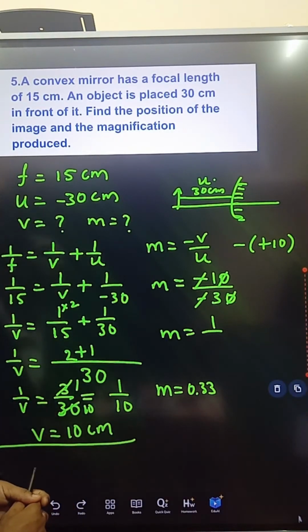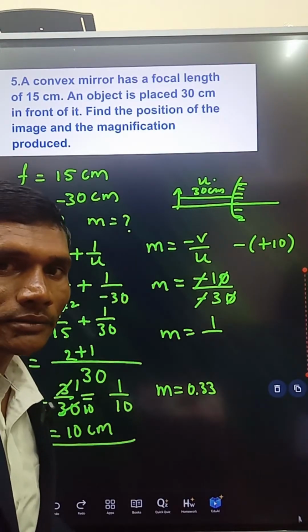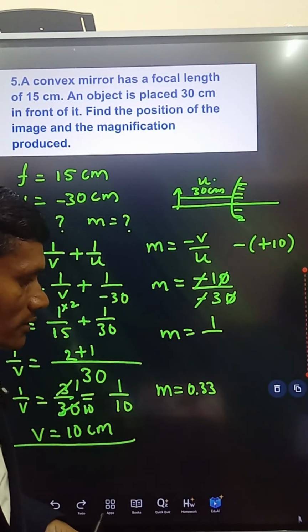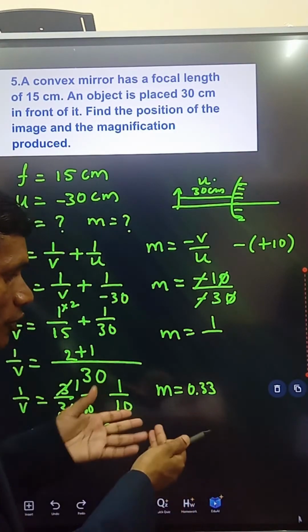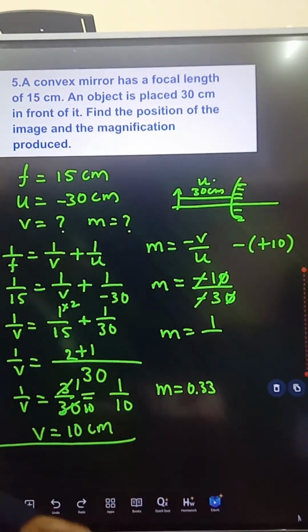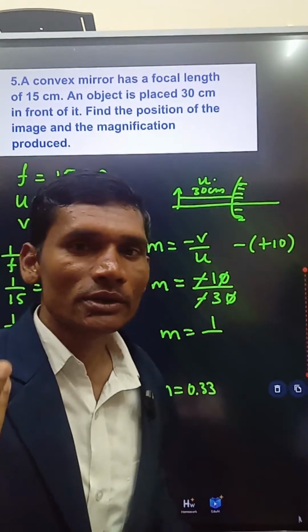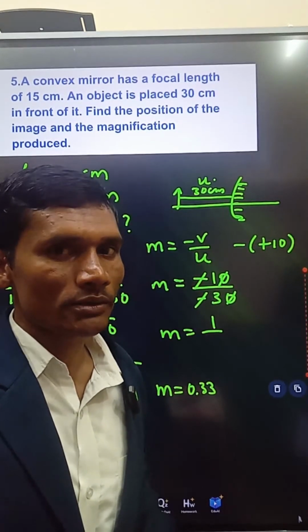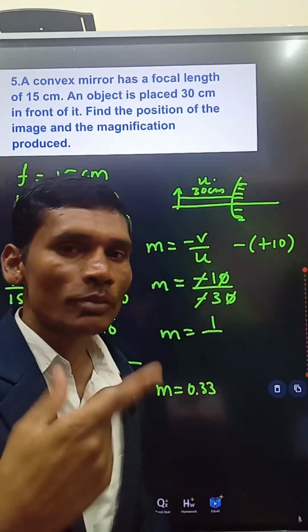What does it indicate? It indicates that the image is erect. You don't need to worry much here, because they have given a convex mirror, which will always form an erect and virtual image. If the image is erect, its height should be taken as positive.